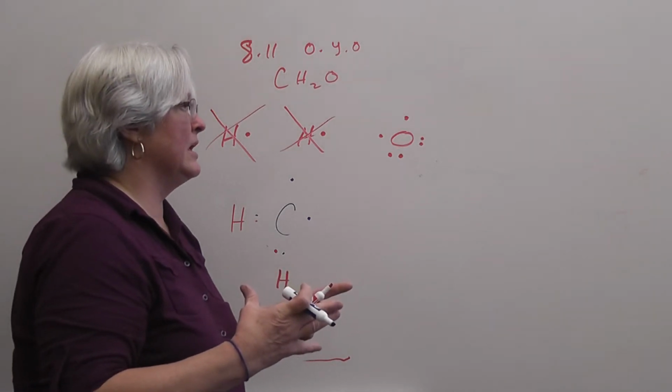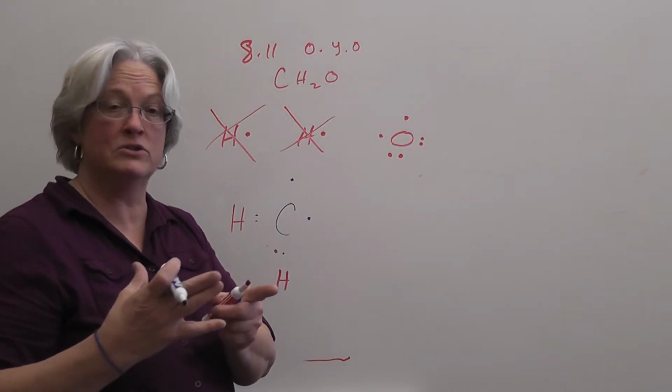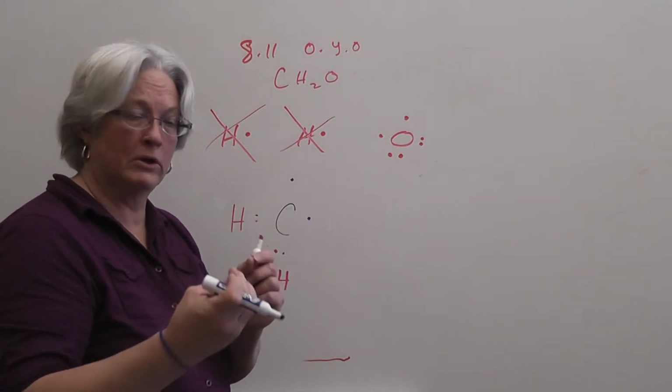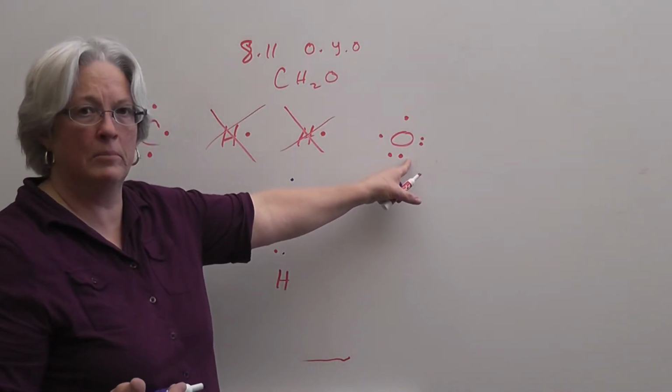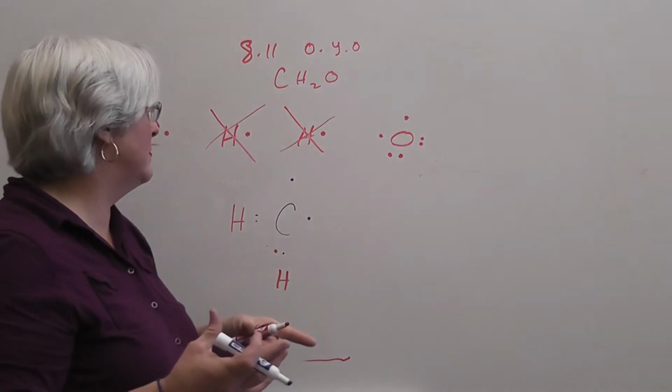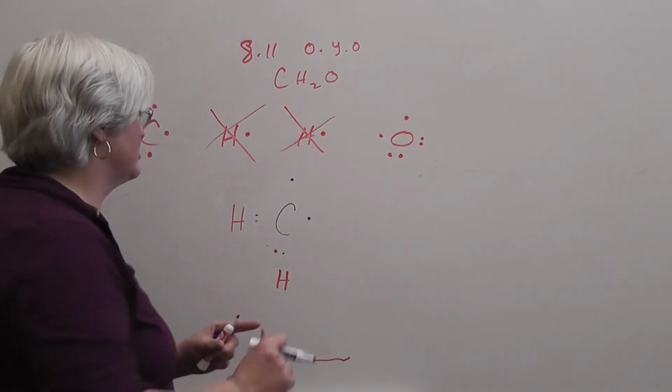Because remember that an ionic bond is only between a metal and a nonmetal. Since we have not a metal and a nonmetal, we're going to have a covalent bond. A covalent bond is one where they're sharing.